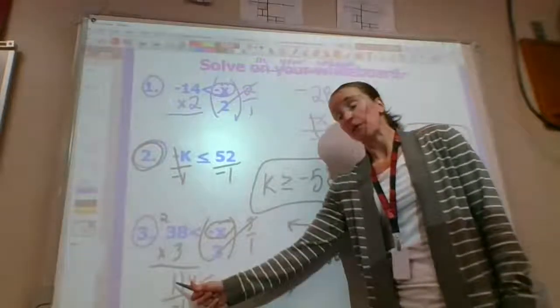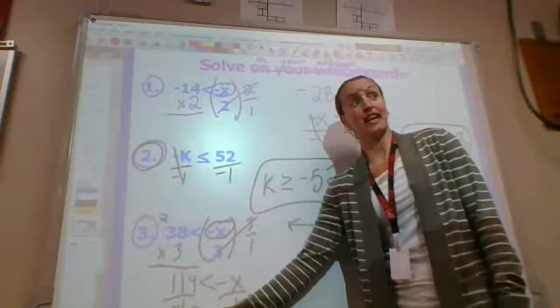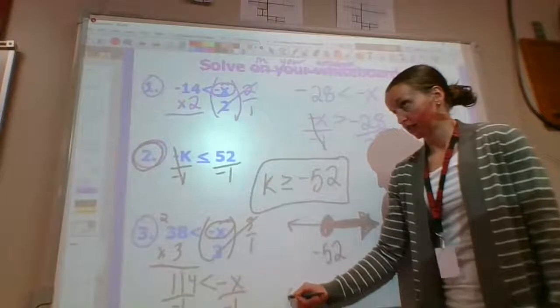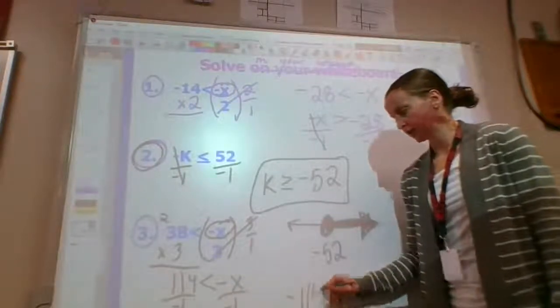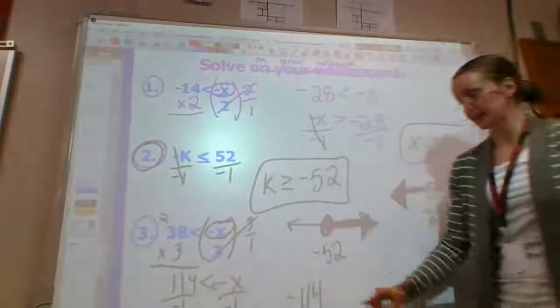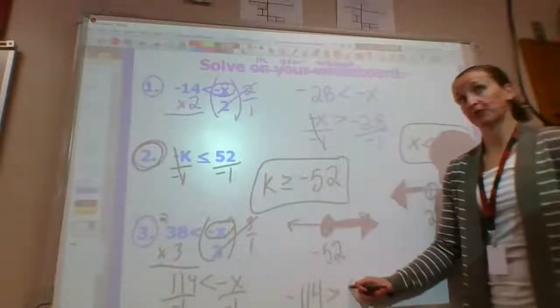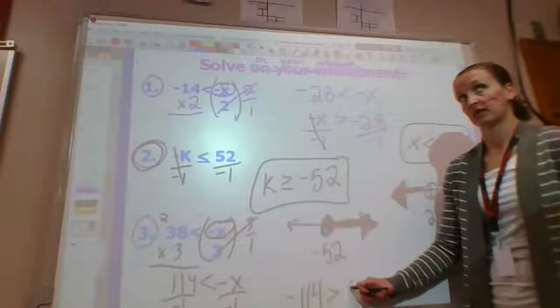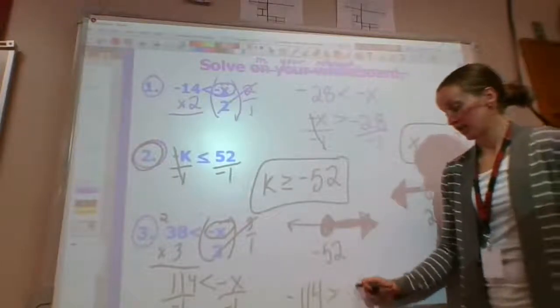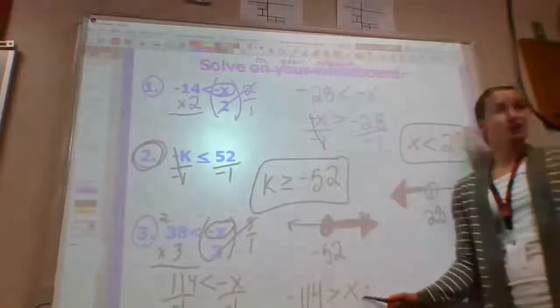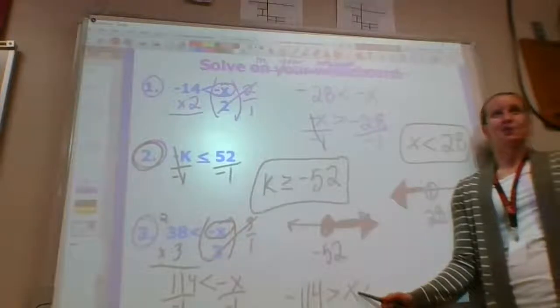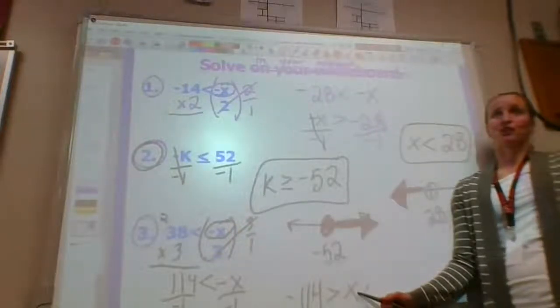It's today's lesson. Positive divided by negative is a negative. What do we have to do to the symbol since we divided by a negative? Switch it, and then you're left with what over here? Now, will I give you full credit if you keep this as your answer? No. What do we have to do?